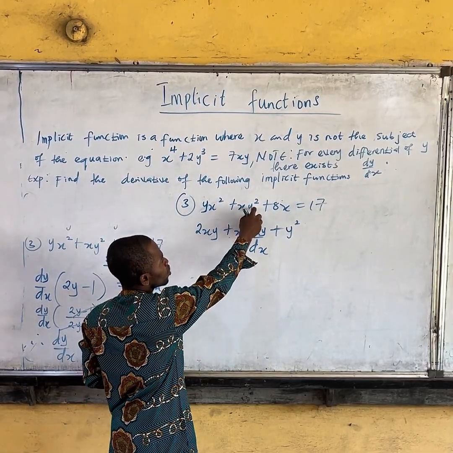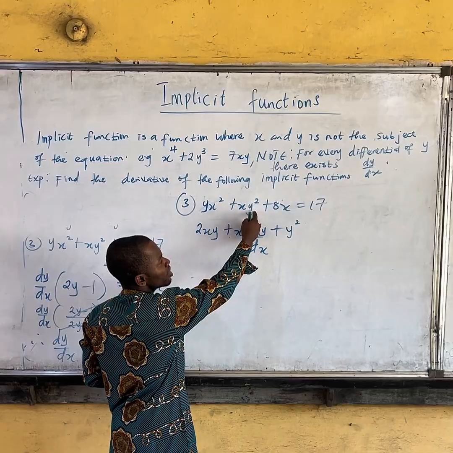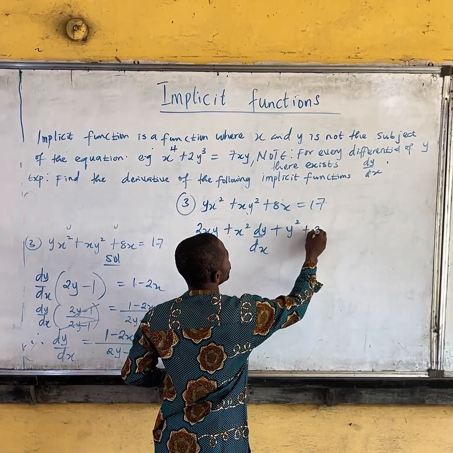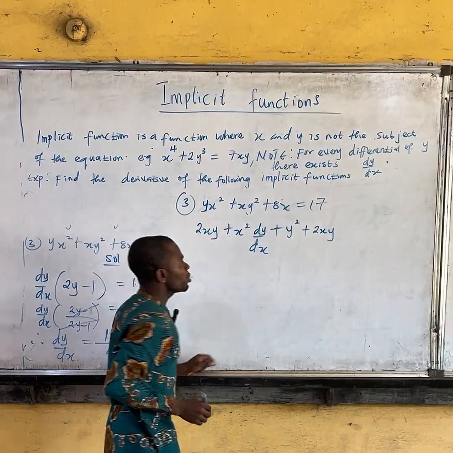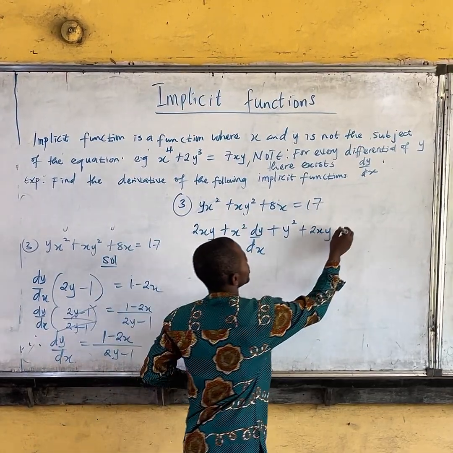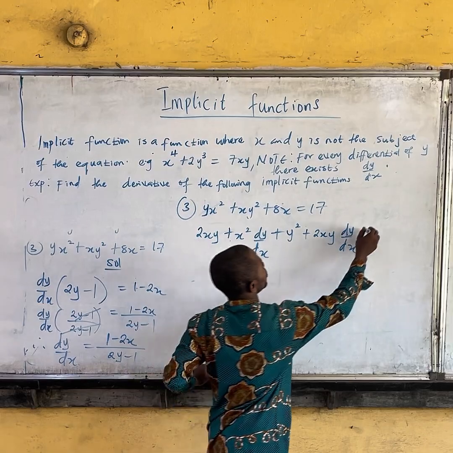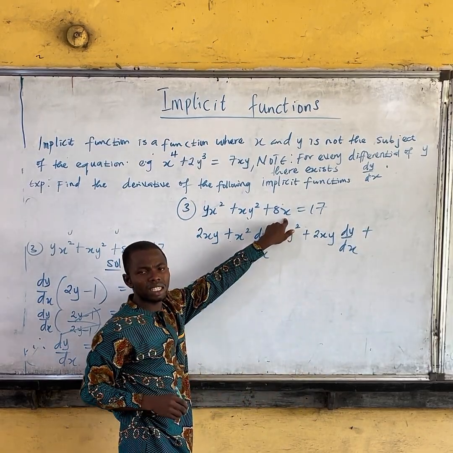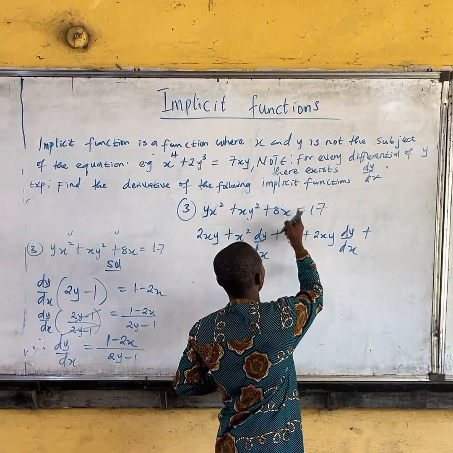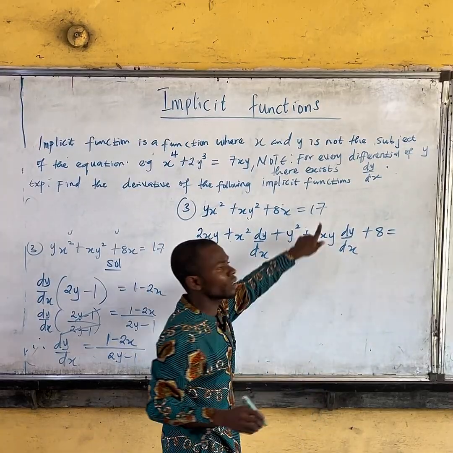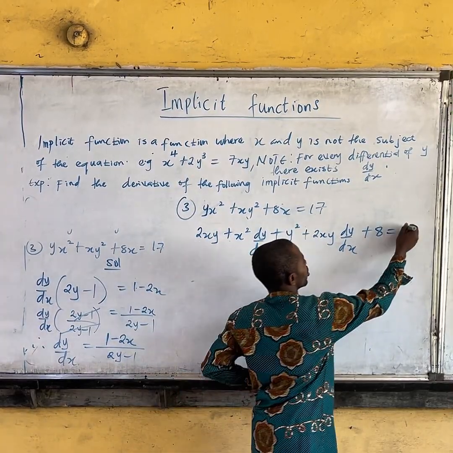If I differentiate y squared, it will give me 2y. 2y times x is 2xy. But because I differentiate y, there will be dy over dx. Plus, if I differentiate x in 8x, it gives 1. 1 times 8 is 8, equal to, if I differentiate 17, a constant, it becomes 0.